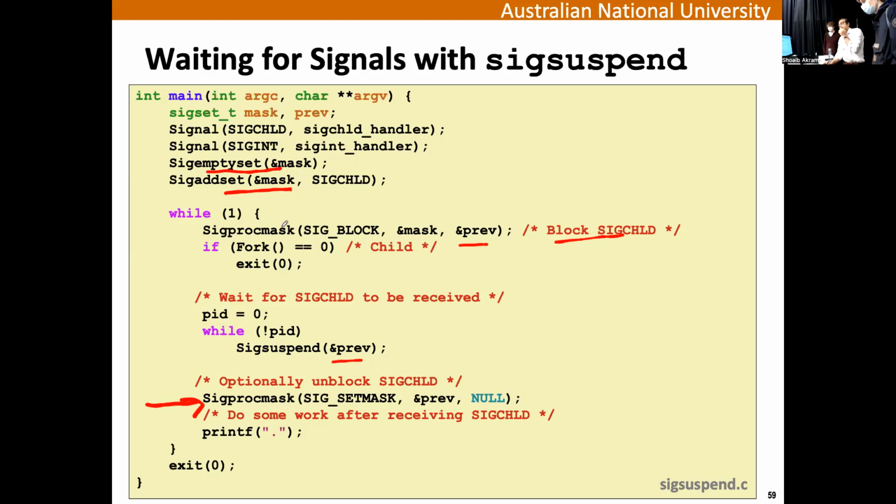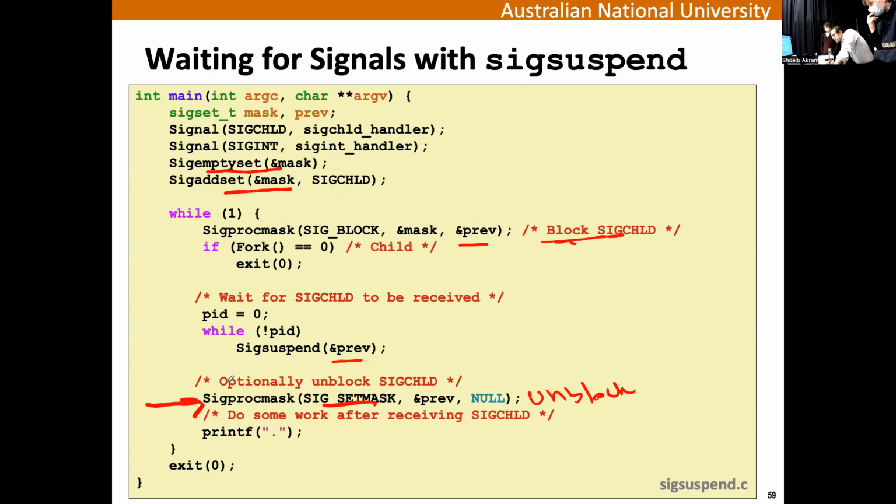Okay, sorry, it's more complicated. SIGCHLD is now part of the set. At this point, you block SIGCHLD. If you install previous, you will unblock SIGCHLD here, right?